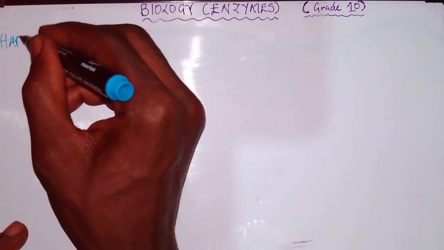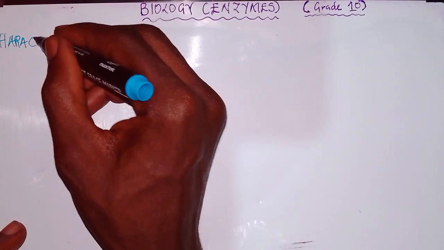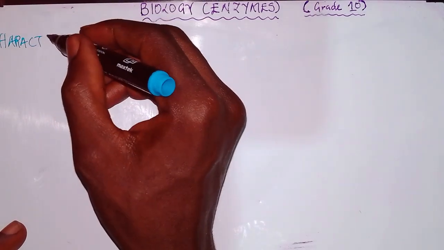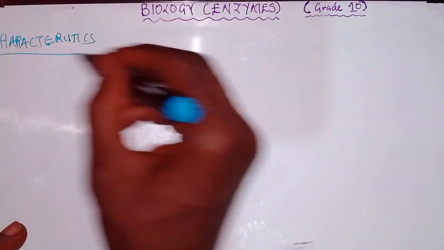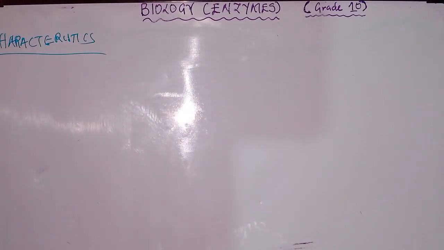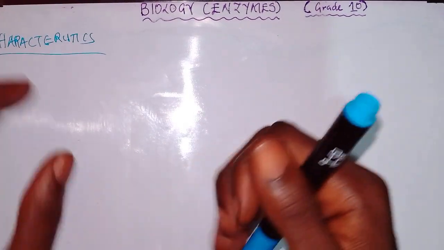So I said that we are going to be looking at the characteristics of enzymes. So what are some of the characteristics of enzymes, or what do we mean when we say characteristics?